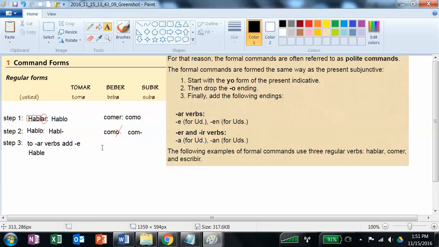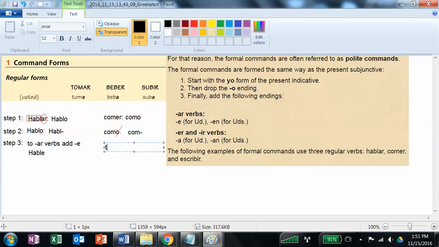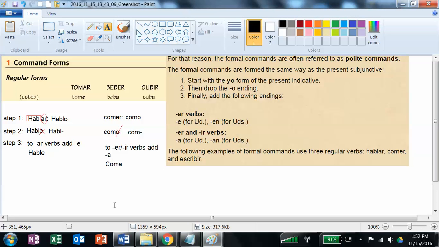Okay. And then ER and IR verbs add A. So what I would end up with is coma. Okay, and that's how you form it.